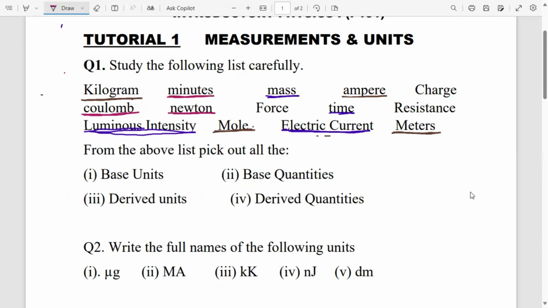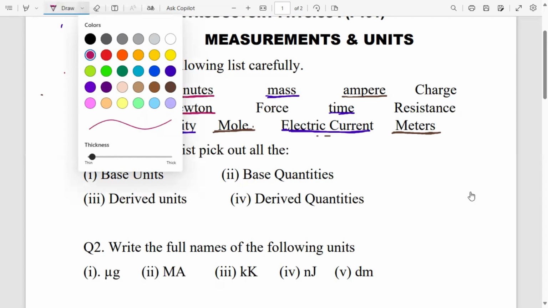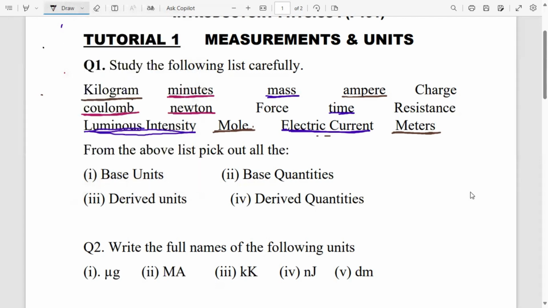Okay, that guy. And how many things are we remaining with? We're remaining with force, charge, and resistance. So these are not units. Force, not units. Charge, it's not units. And resistance, these are also not units. So the remaining ones, we're just going to put them automatically under the derived physical quantities.